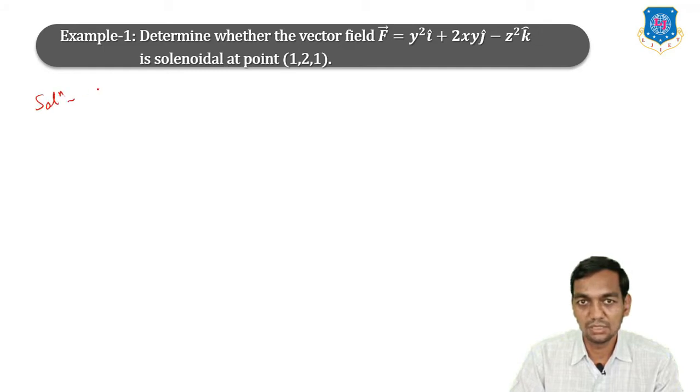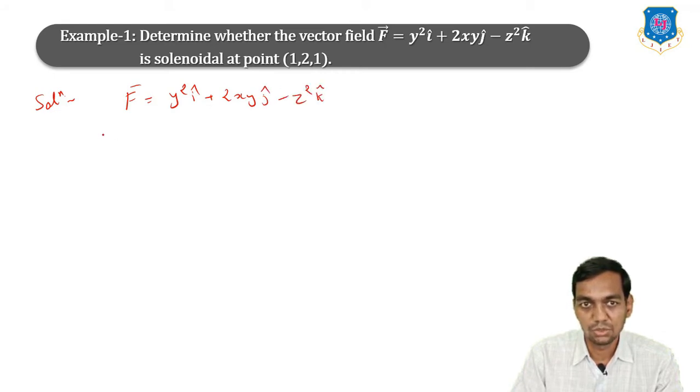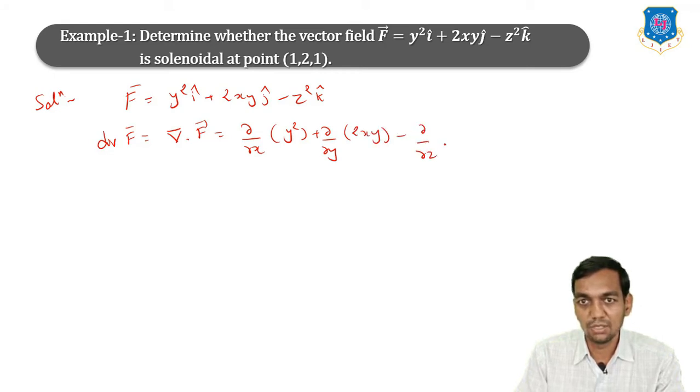In this case, you have to start with the solution. Here f bar is equal to y square i plus 2xy j minus z square k. Finding the divergence of f bar, that means del dot f bar, is del/del x of the i component y square, plus del/del y of the j component 2xy, minus del/del z of the k component z square.